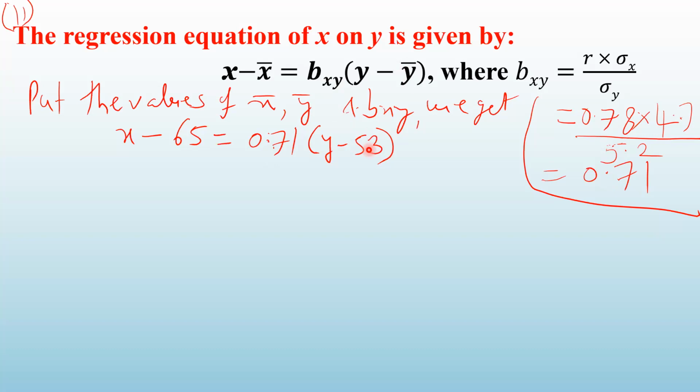Now what you have to do is simplify. Outside this bracket there is 0.71, so each term of the bracket will be multiplied by 0.71.